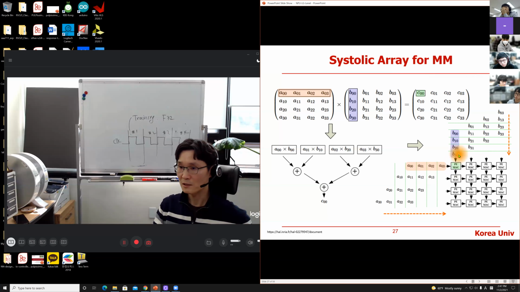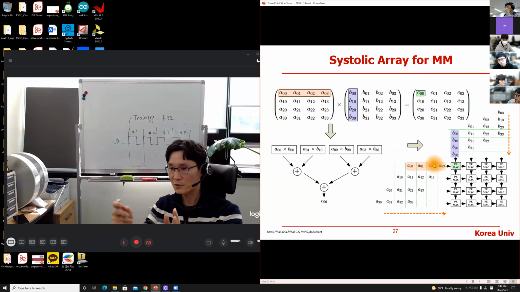In the same cycle, the first column data B30 is also shifted in. So this unit is doing multiplication: A03 multiplied by B30.